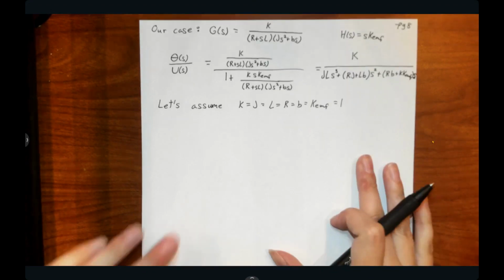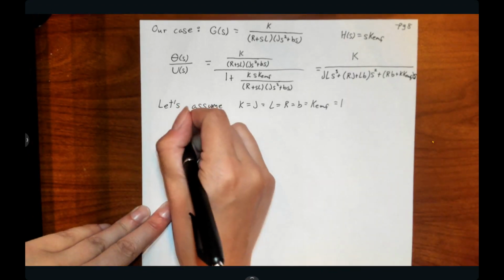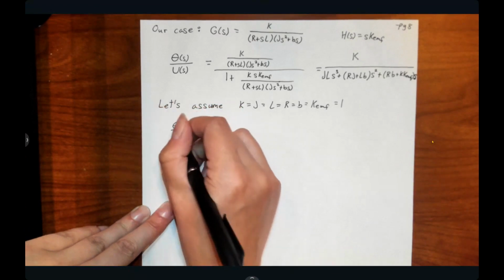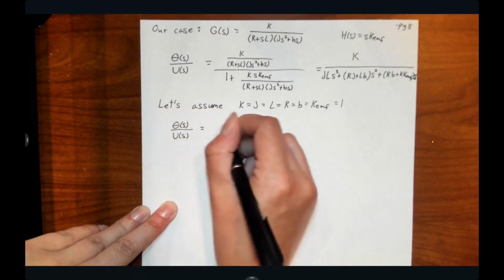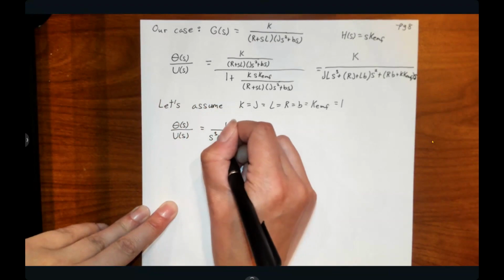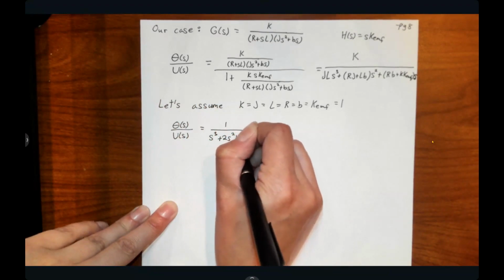So if we do that, what we get is Theta(s) over U(s) equals 1 over s cubed plus 2s squared plus 2s.